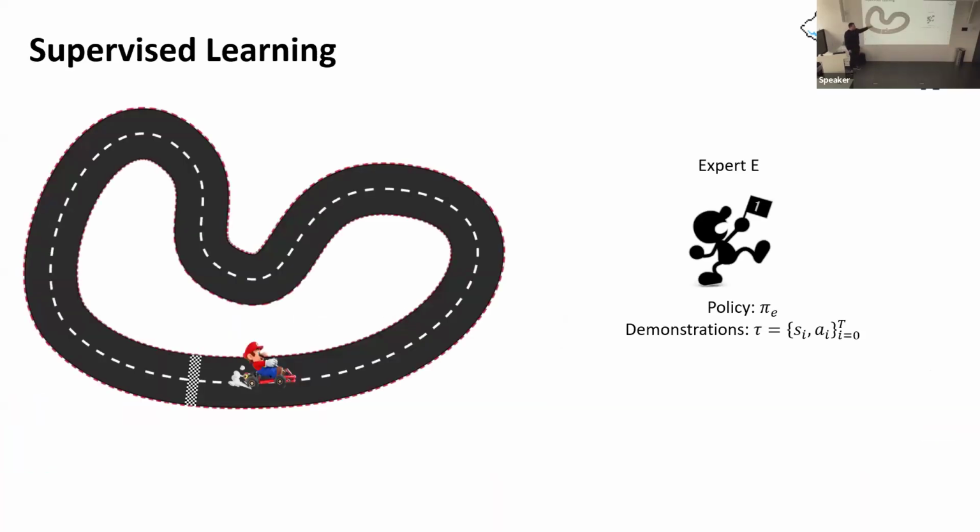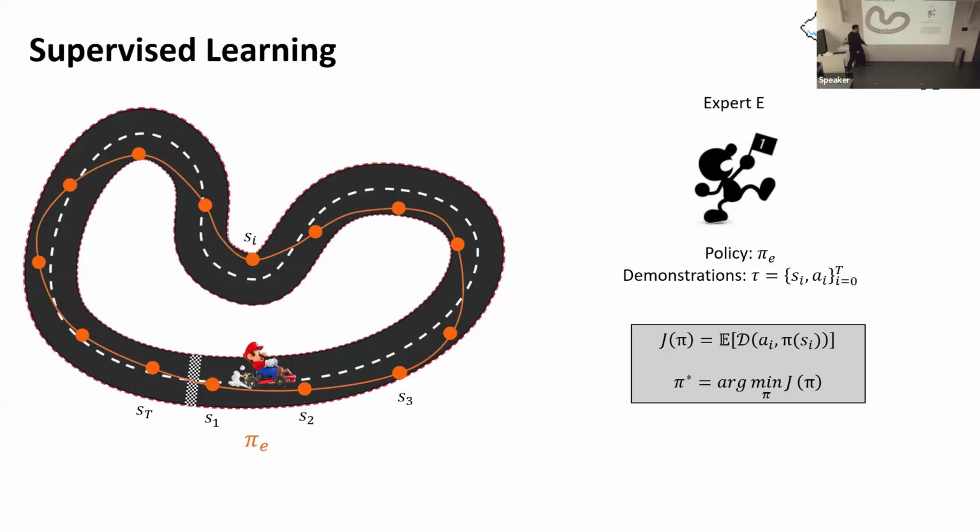So let's assume our task is to play Mario Kart, and we already have a nice expert that is really good at playing Mario Kart and gave us some demonstrations. For every state, he gave us the actions that we have to do to drive through this track perfectly.